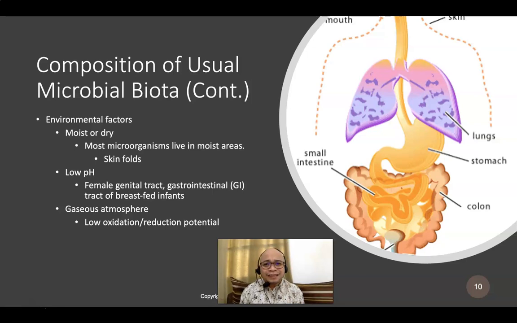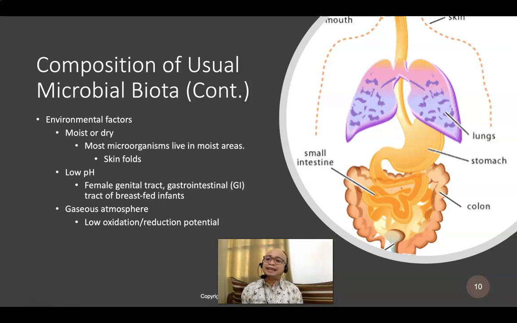And are they important there? Yes, because these microorganisms have already established an ecological niche. They are highly territorial, which means that if a certain group of microorganisms tries to invade that particular area of our body, they may find it difficult because these normal microbiota have already established the ecological niche.